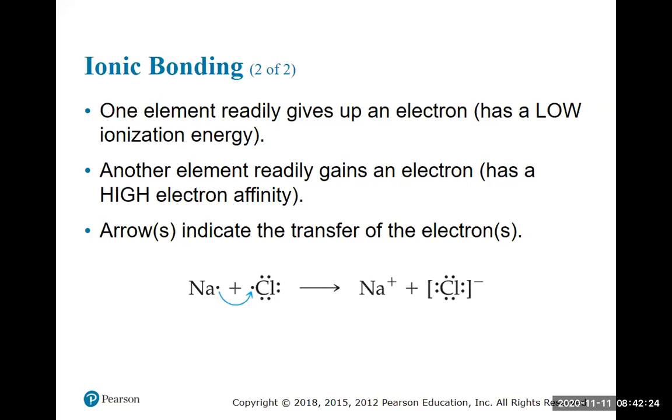And we see that the sodium gives up that electron to the chlorine, chlorine accepts it, and now we have sodium with a plus on it to designate that it's lost that electron, plus the chlorine, and we now draw the chlorine with all 8 of those valence electrons around it, put parentheses around it and give the whole thing a minus. And that minus tells us that it's picked up an electron. So that's the kind of transfer of electrons that you typically see in ionic bonding.